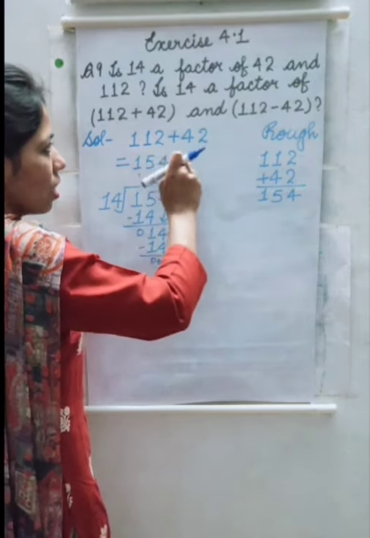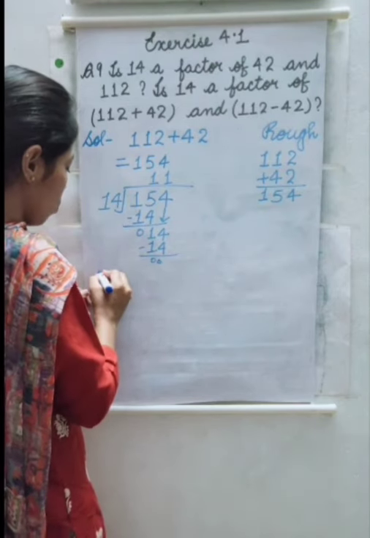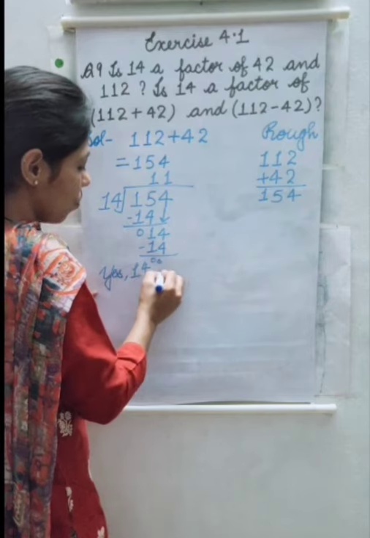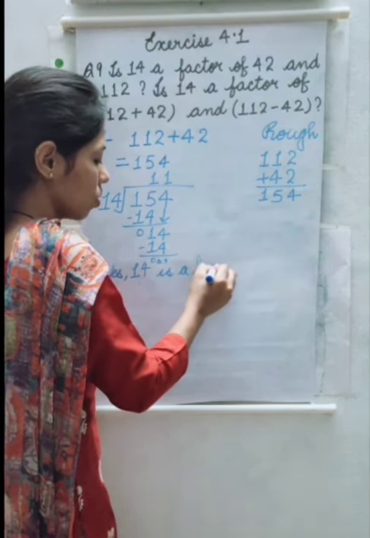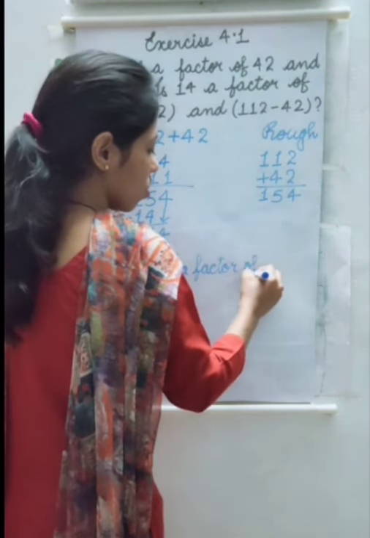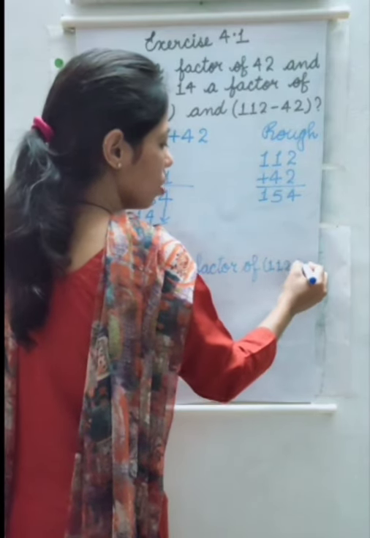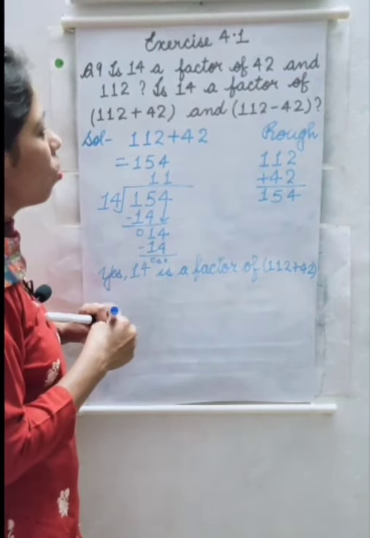So we can say yes, 14 is a factor of 112 plus 42. Now we have to find out whether 14 is a factor of 112 minus 42.